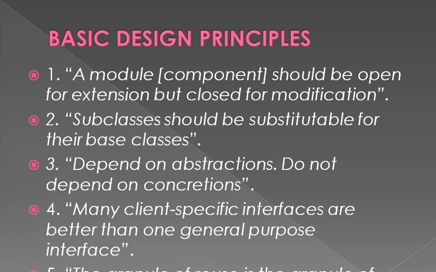I will give you one example so that you get a clear idea about the first point: it should be open for extension but closed for modification. Let us think about that. You are developing an application in which you need to display the everyday stock market ups and downs, all the information, on your website.